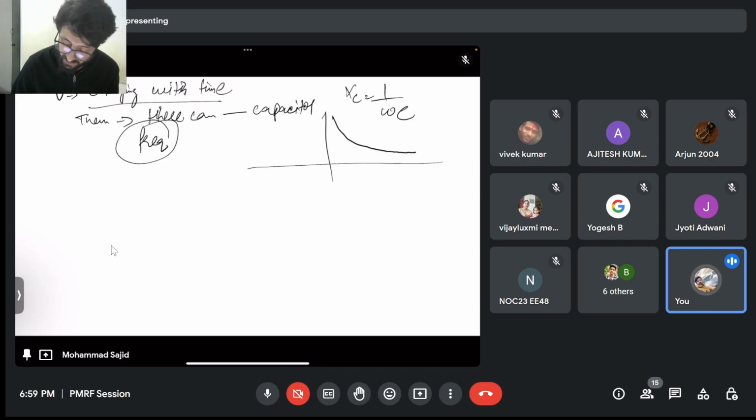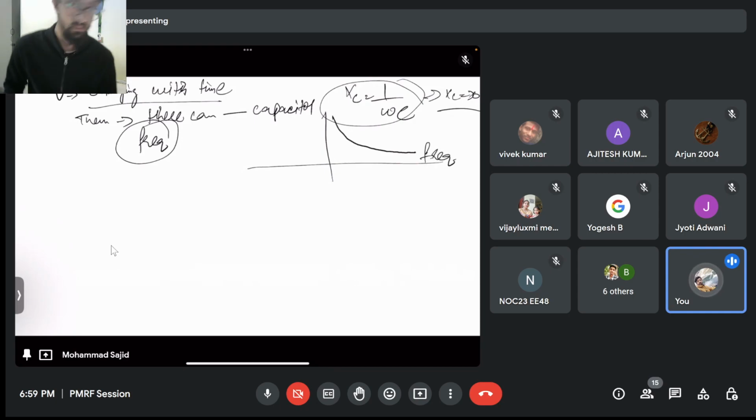At a very high frequency, Xc is equivalent to 0, which we say is a short. You will see one question where you will find the cut-off frequency or cut-in frequency for a capacitor in a particular circuit.